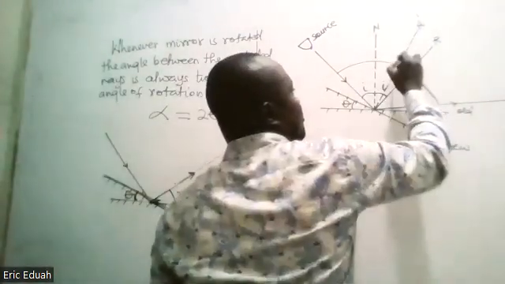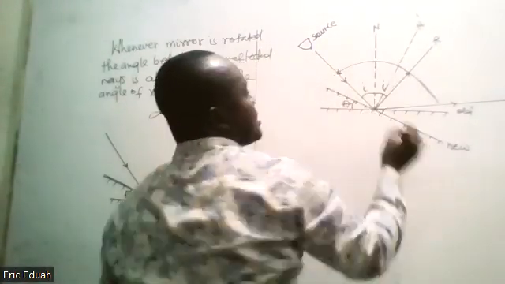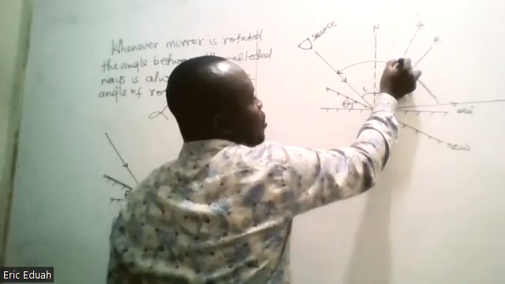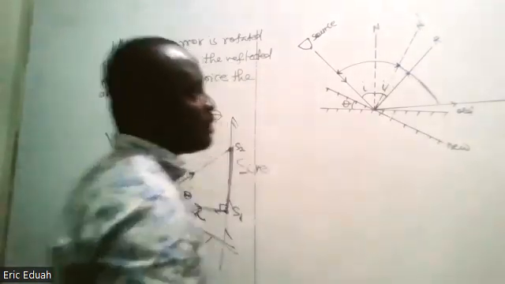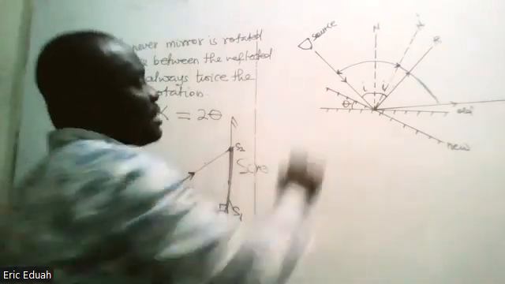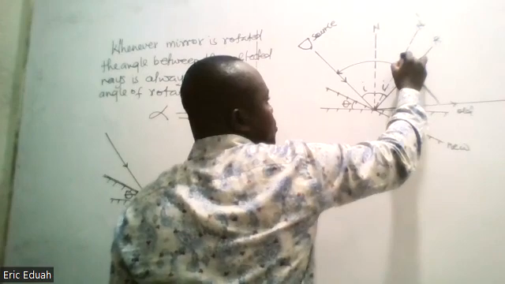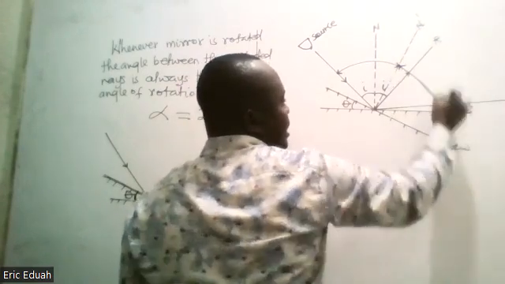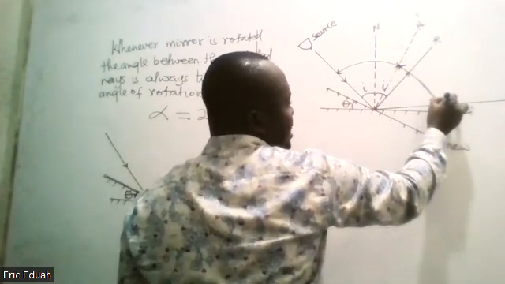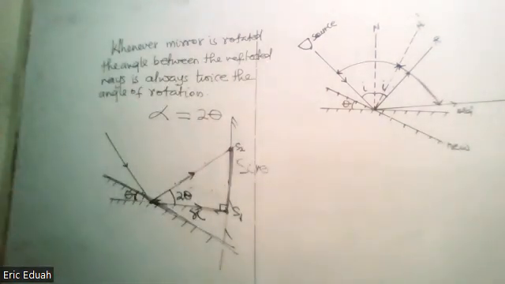So the angle from the incident ray to the new normal must be equal to the angle between the new normal and the new reflected ray. Are we okay?